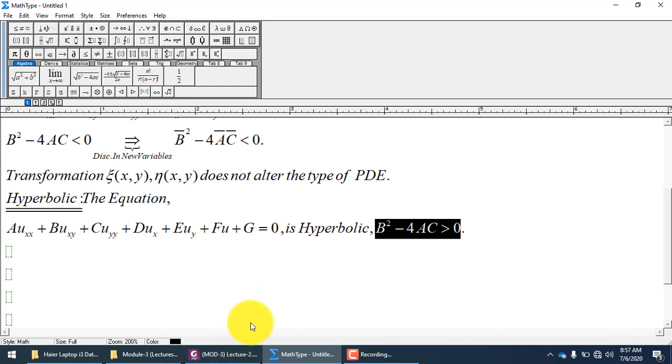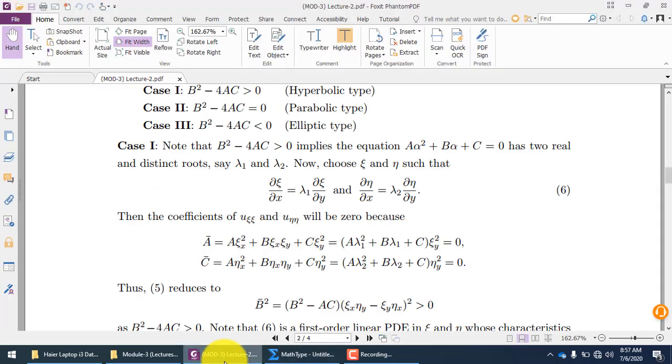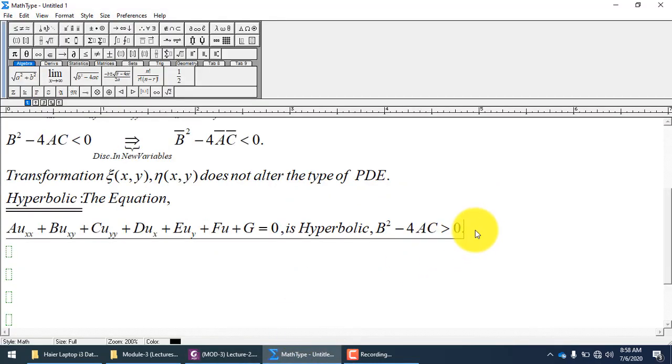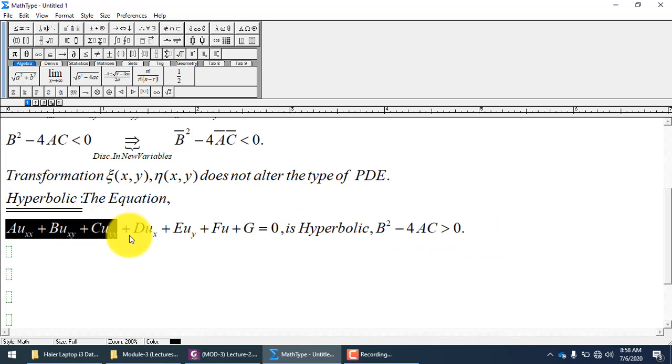From quadratic equations, if the discriminant is positive, the equation of type ax square plus bx plus c equal to 0 has real and distinct roots. I am going to use that knowledge, which implies that the equation a alpha square plus b alpha plus c equal to 0 has two real and distinct roots. Here a, b, c are the coefficients of the principal part. This is your principal part.